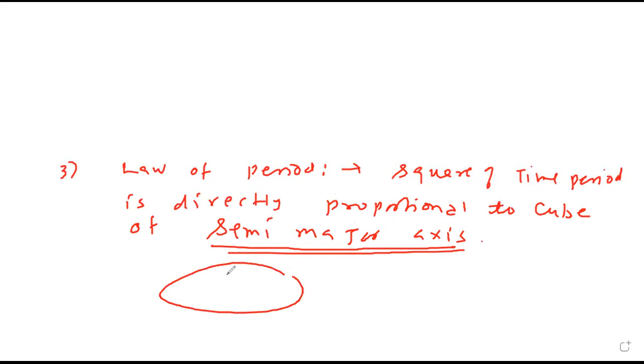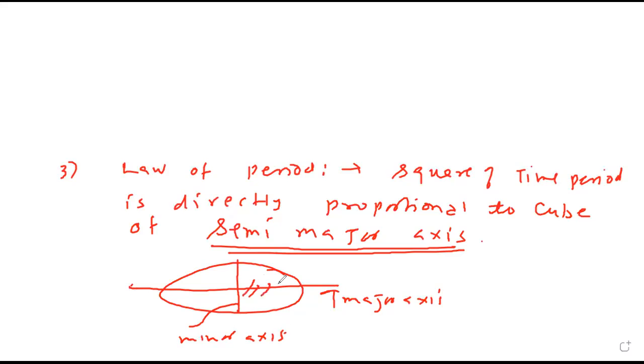If this is an ellipse, the longer axis is called the major axis and the smaller is called the minor axis. Half of this is called the semi-major axis. So square of time period is proportional to cube of semi-major axis.